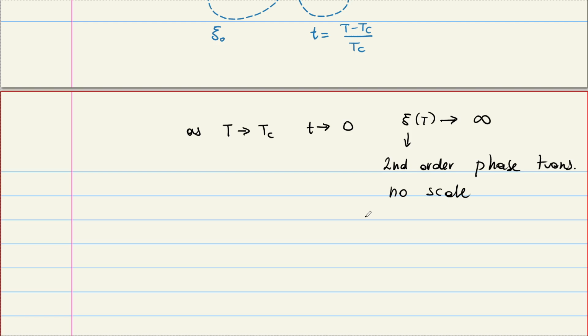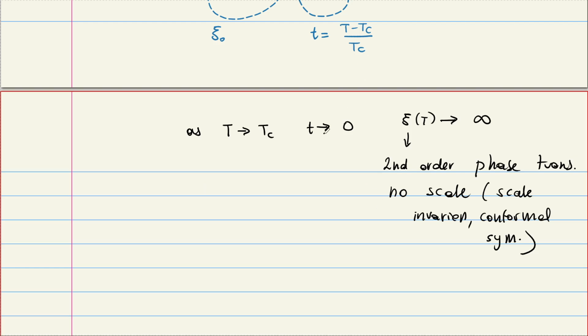The system is scale invariant. If you look at a small system or a system the size of the universe, you get exactly the same physics because the system doesn't know about scale. So this is scale invariant, or another fancy way of saying this is conformal invariant. There is conformal symmetry right at the critical point.